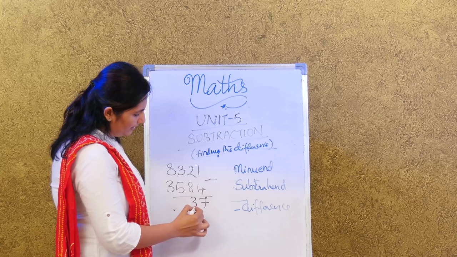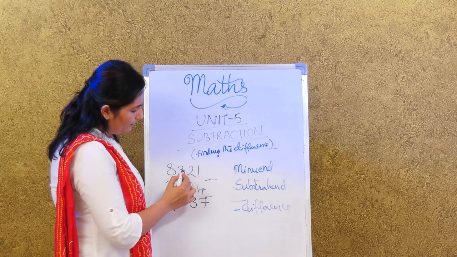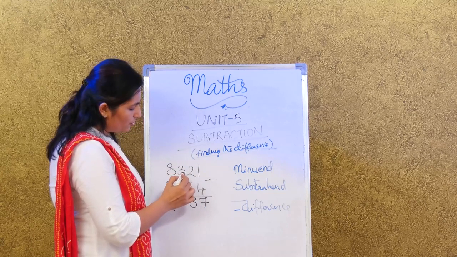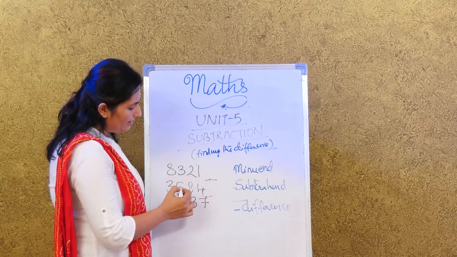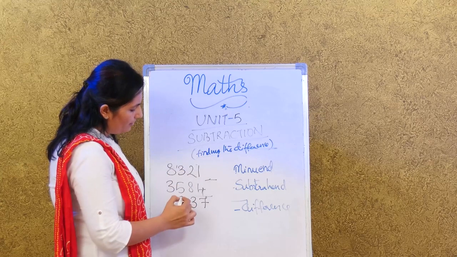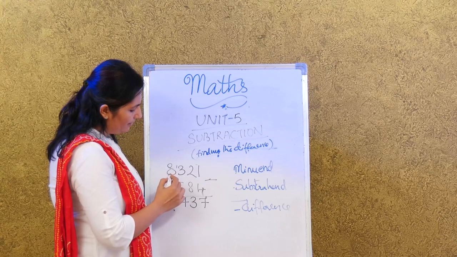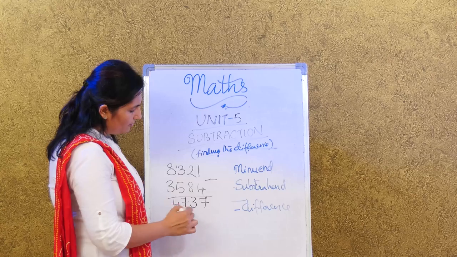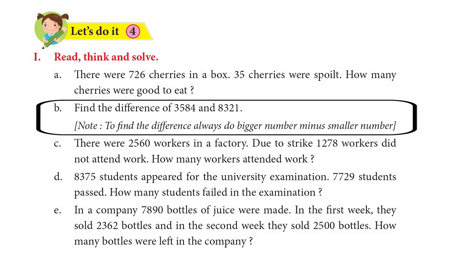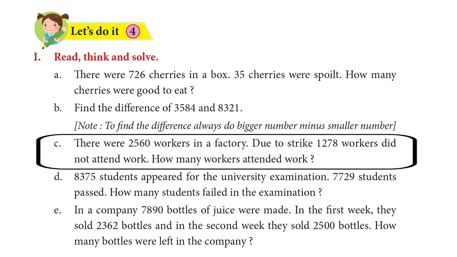This is 3. Then we again borrowed. So, this is 2. 2 is smaller than 5, so we again borrow, 12, 7. Here we borrowed, so it has become 7. 7 minus 3 is 4. So, 8,000 minus 3,584 is 4,416.